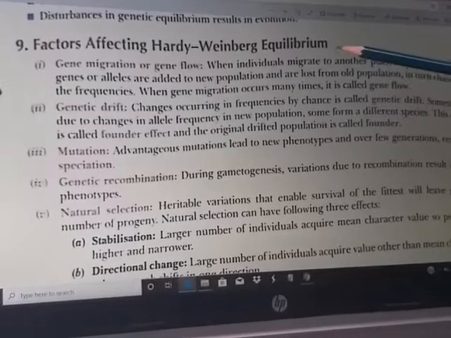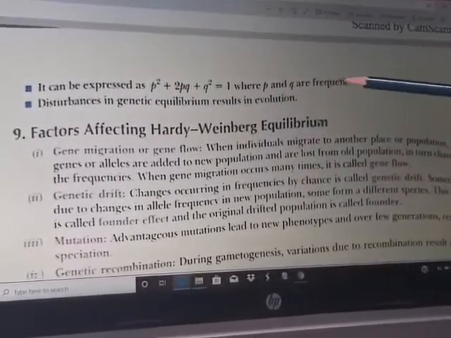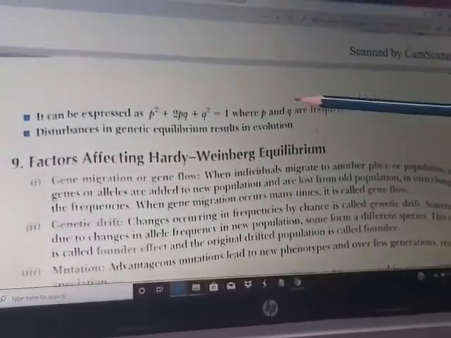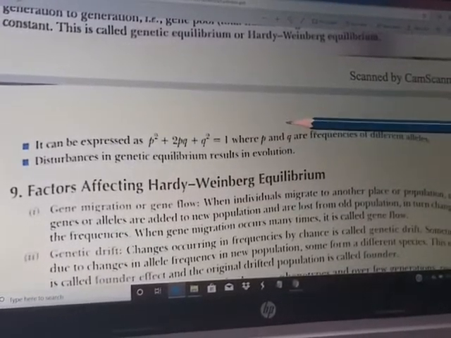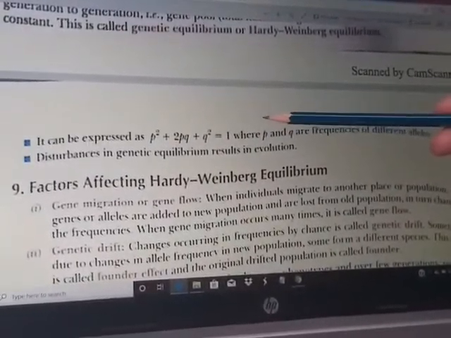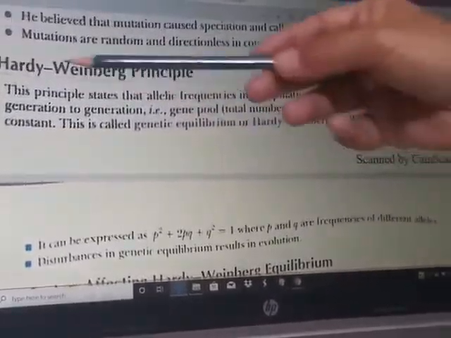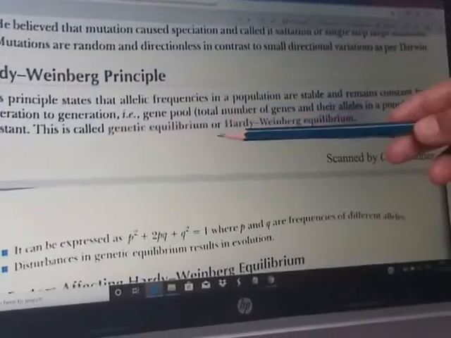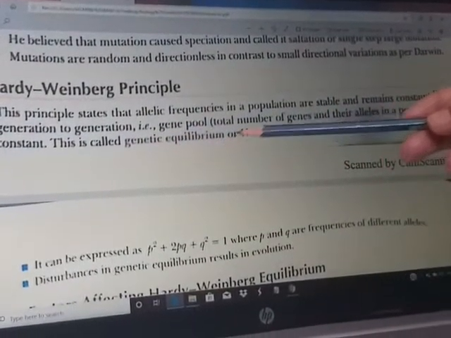So students, we have understood the concept of Hardy-Weinberg equilibrium expressed with this equation, where frequencies of the alleles are expressed like this and showing the equilibrium position. So with this we finish the concept of Hardy-Weinberg principle or Hardy-Weinberg equilibrium, also called genetic equilibrium.